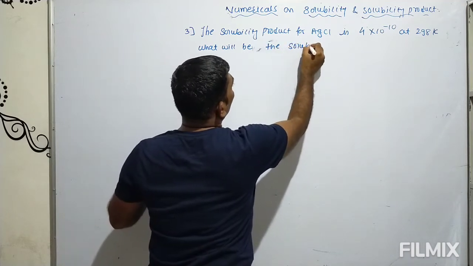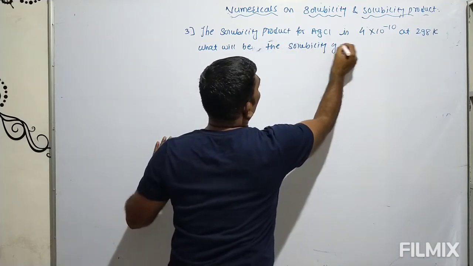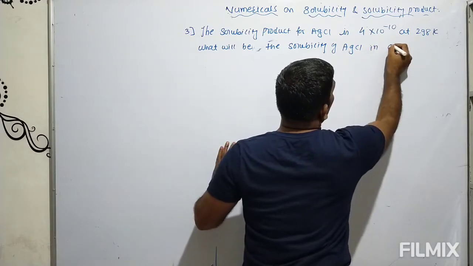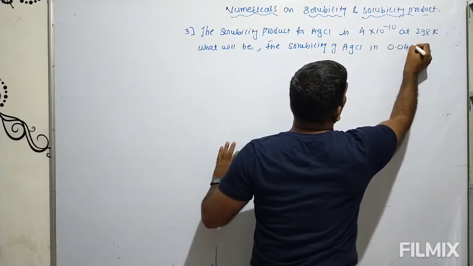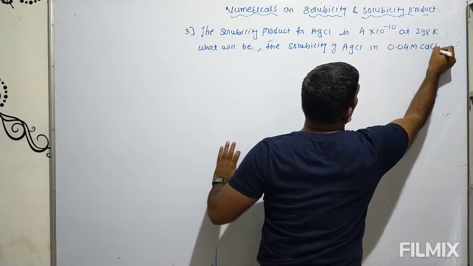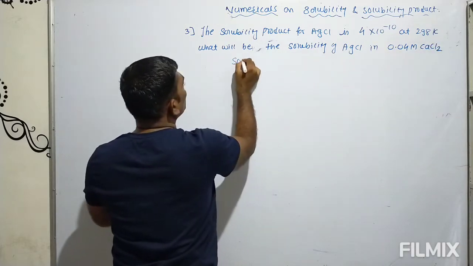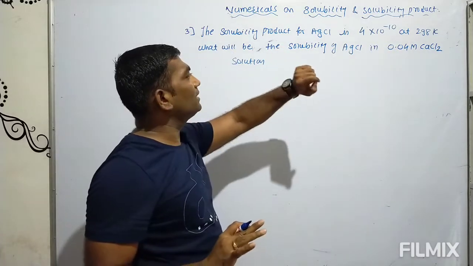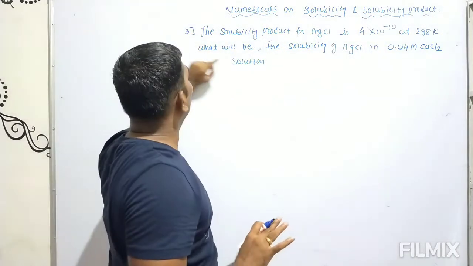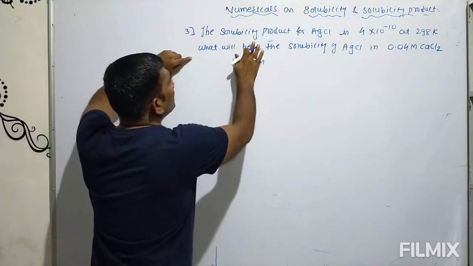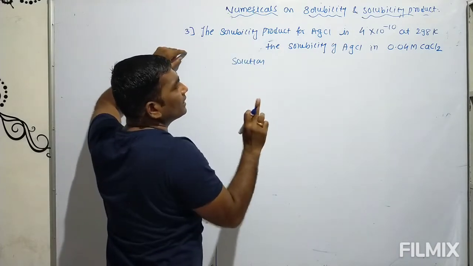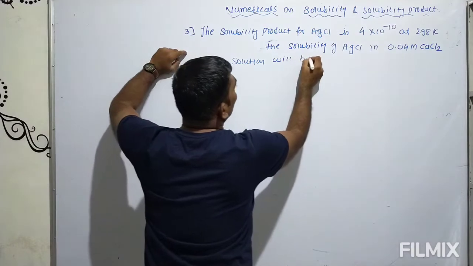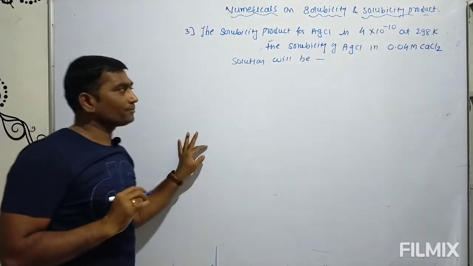in 0.04 molar CaCl2 solution? So the solubility product of AgCl is 4 into 10 to the power minus 10 at 298 Kelvin. The solubility of AgCl in 0.04 molar CaCl2 solution will be, now this is correct.